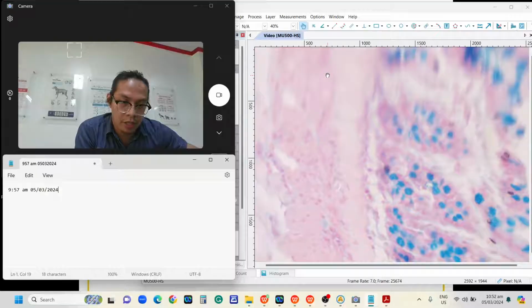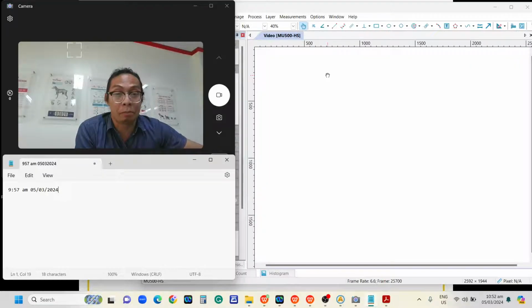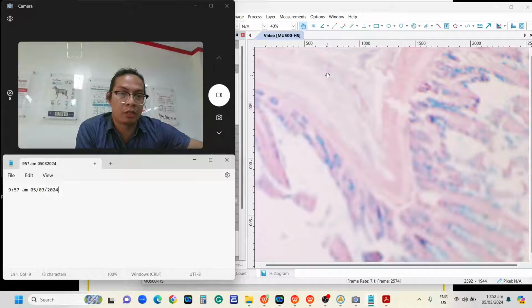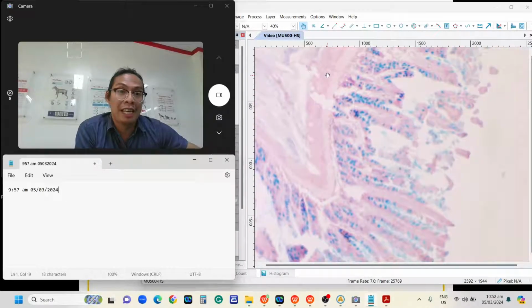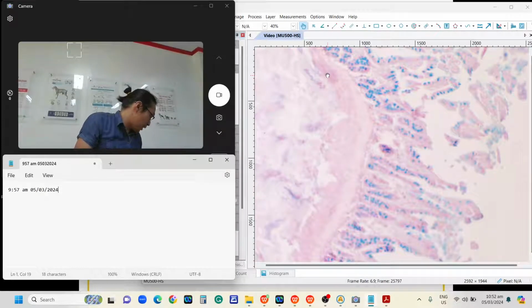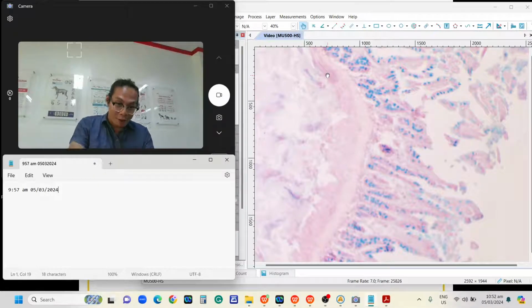Pero ang i-observe natin dito ay yung kanyang mga crypts of the jejunum. Now this crypts is also known as the crypts of Lieberkühn. Nasa inyo ng handout ang spelling ng crypts of Lieberkühn.